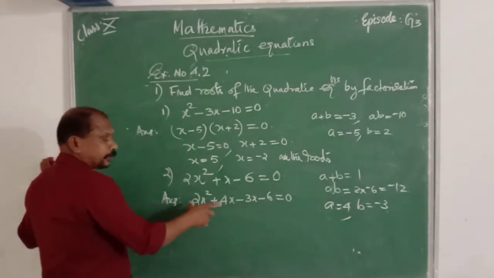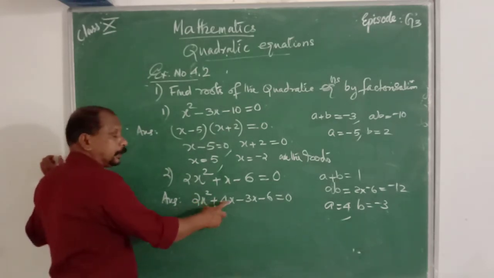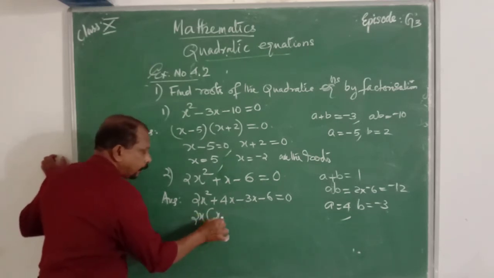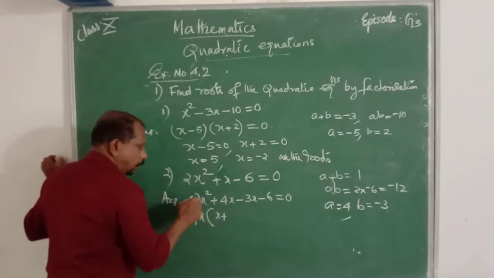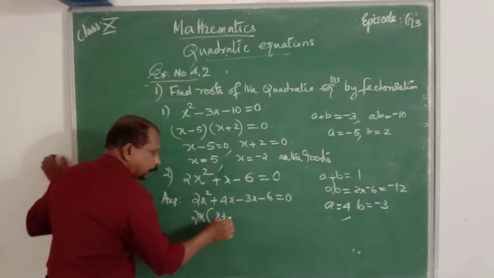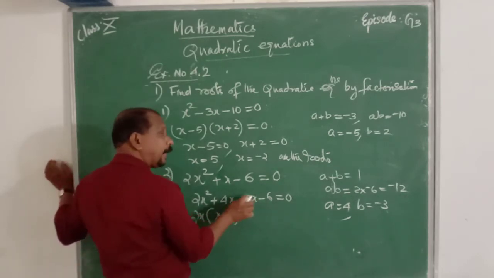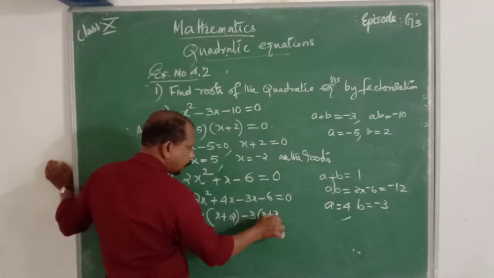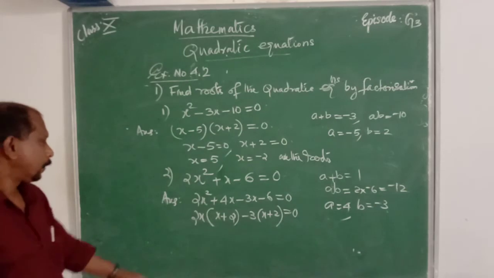Out of the first 2 terms, 2 is common and x is common. Therefore, take 2x as common: 2x into x is 2x square, and 2x into 2 is 4x. So 2x times (x plus 2). Out of the other 2 terms, take minus 3 as common, giving minus 3 times (x plus 2).